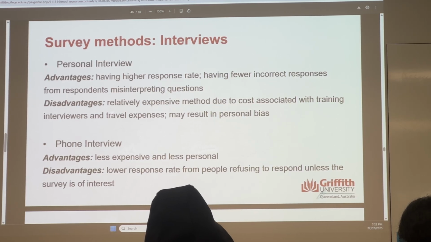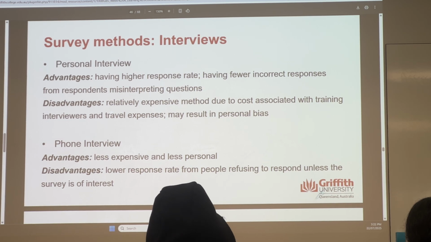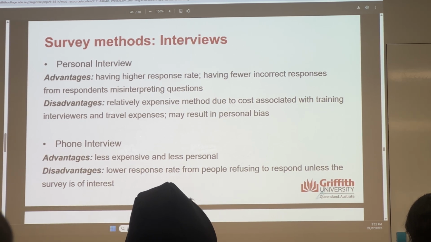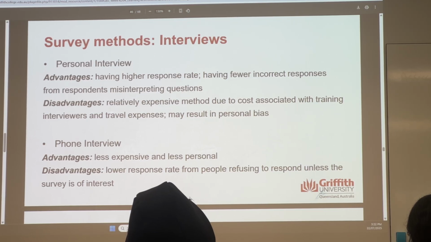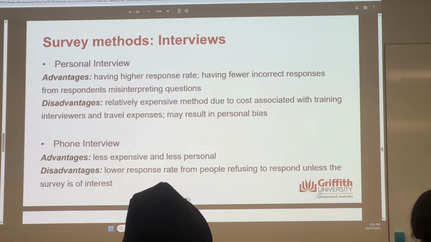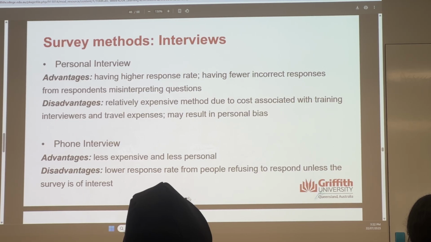You don't answer that telephone call. So that's going to be very difficult. At least if you call five people, maybe one person will pick up the phone, right? So how do you get that information? So a phone interview is easy, but there's a high chance of people not answering your call. So that's called lower responses, because they might refuse your phone call.